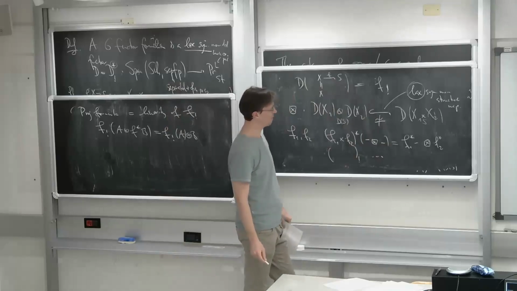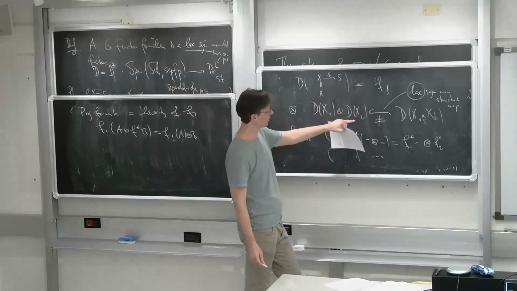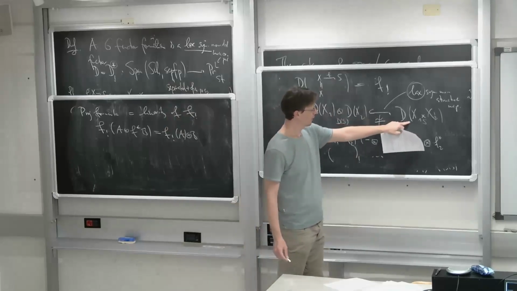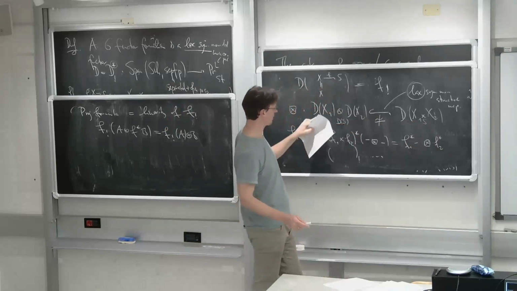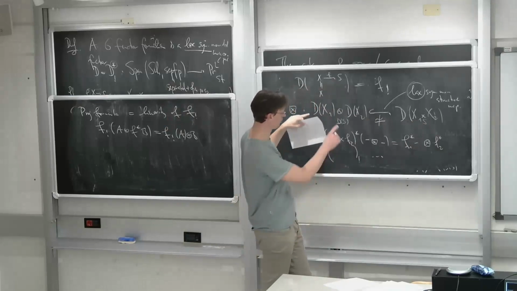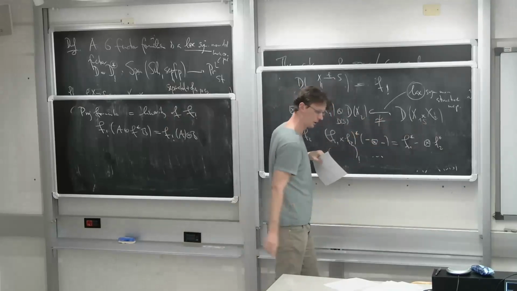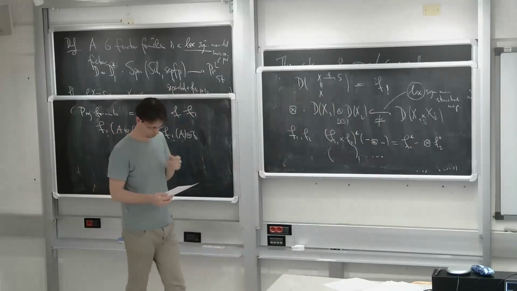So what we think should be true is that for the dualizable objects in here, if X1 and X2 are both proper and smooth, we expect this to be an equivalence. So if you put dualizables everywhere and X1 and X2 are smooth and proper, we think it should be true, but we don't have a proof.